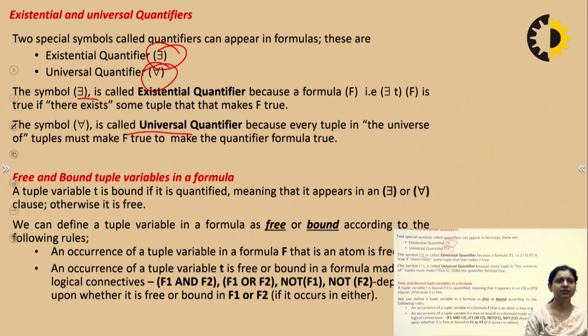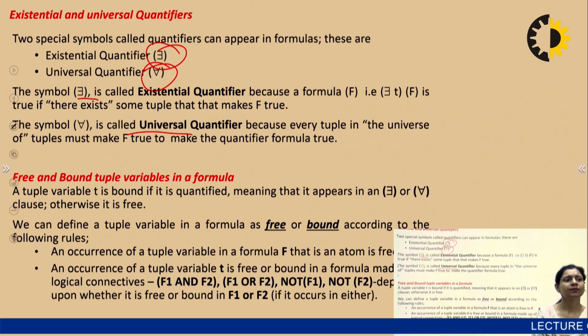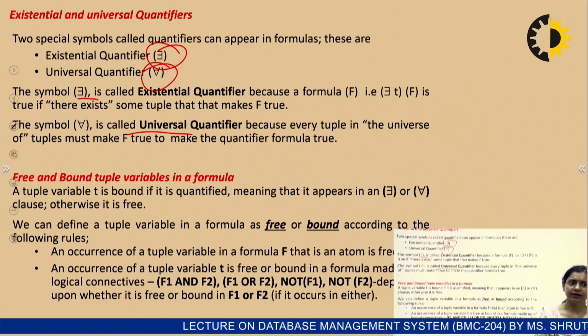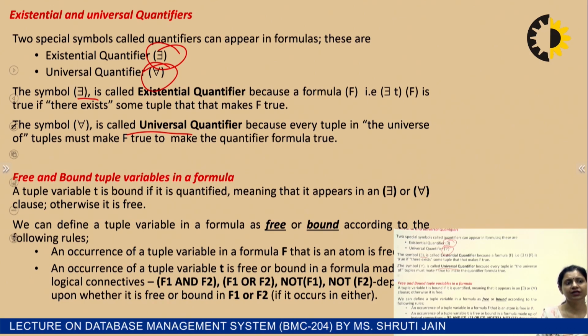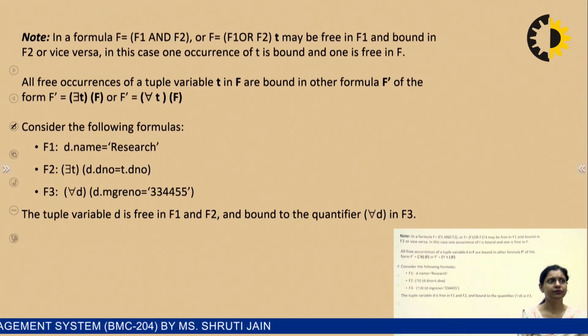So we can define a tuple variable in a formula as free or bounded according to the following rules. The first one: an occurrence of a tuple variable in a formula F that is an atom is free in F, we do not apply any condition. An occurrence of a tuple variable t is free or bounded in a formula made up of logical connectives like F1 and F2, F1 or F2, or not F1, depending upon whether it is free or bounded in either F1 or F2.